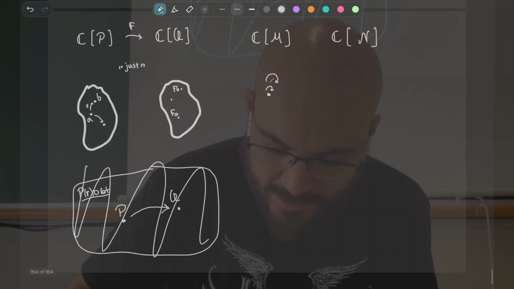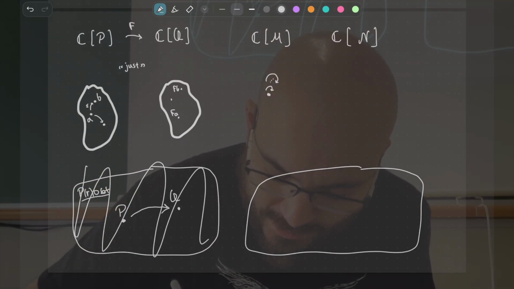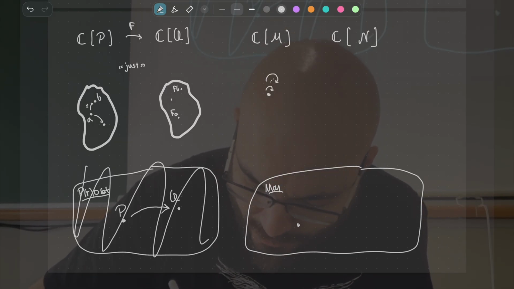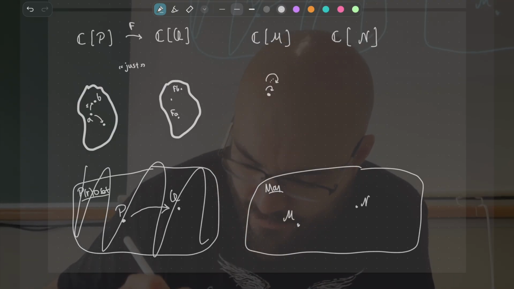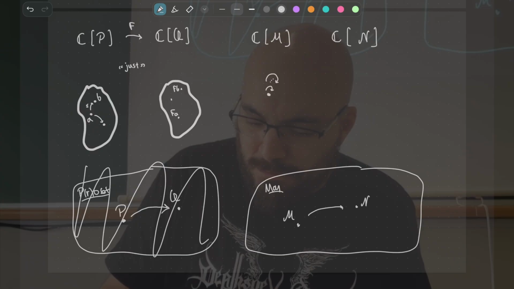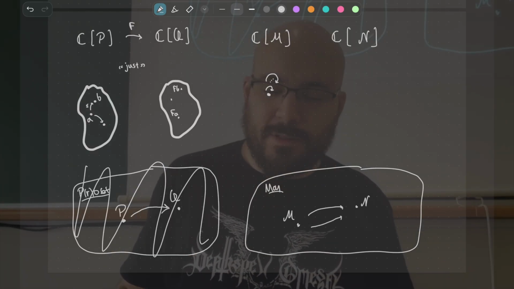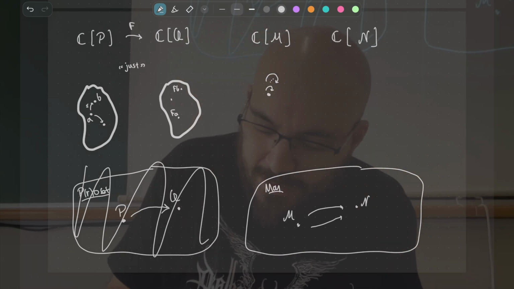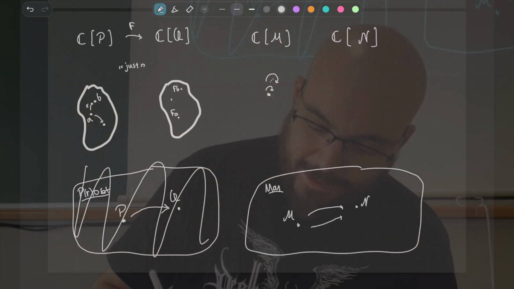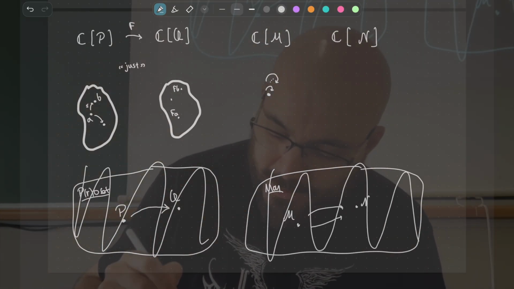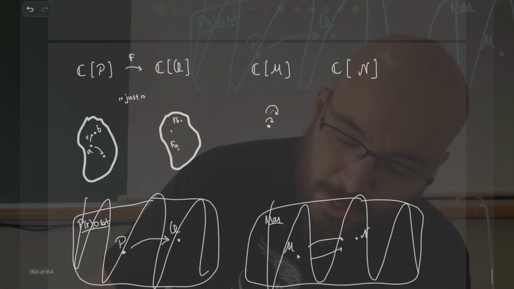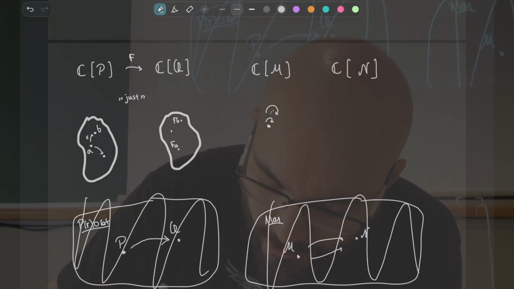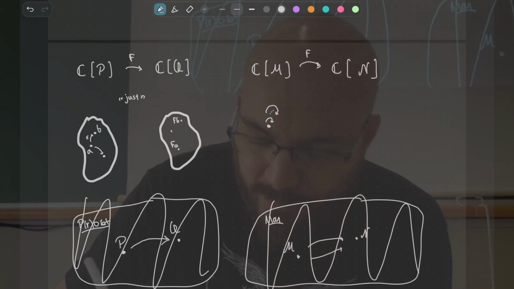Again, do not confuse this with the situation down here, which is the category of monoids, in which I have an object for the monoid M and an object for the monoid N, and possibly many arrows denoting the fact that each of them is a homomorphism from the monoid M to the monoid N, and so on and so forth. Okay, so forget the category of monoids, and look at the monoid M as a category and the monoid N as a category, and I ask the same question: what is a functor from this to that?